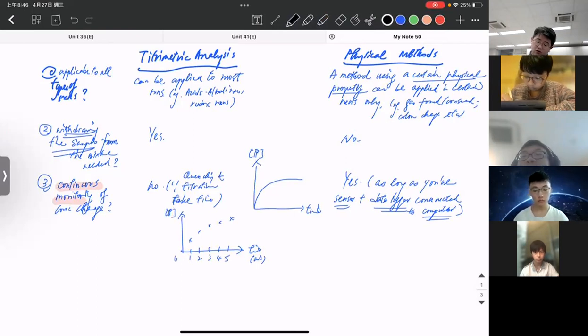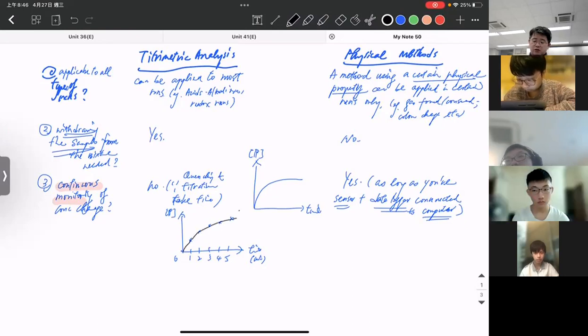You can only do your data treatment here, by drawing a smooth curve and projecting the shape of the graph yourself, but not directly from real-time measurement.